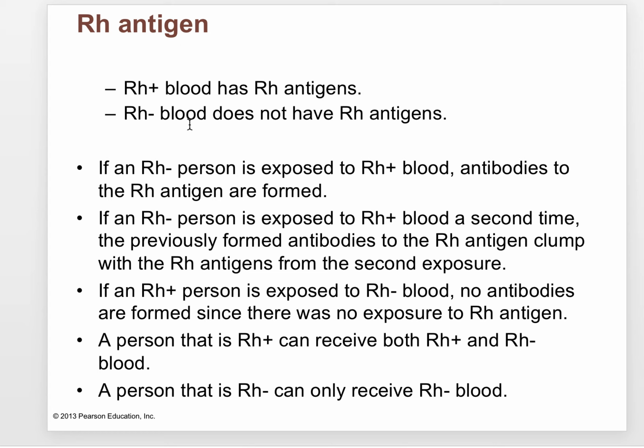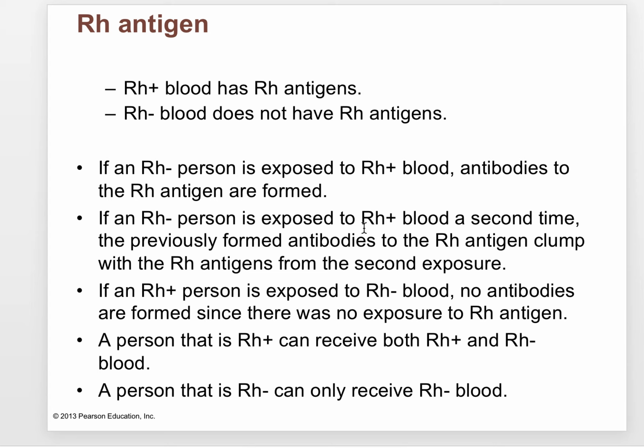Let's say a person is Rh negative and they're exposed to Rh positive blood. For the first time, this Rh positive blood in their blood supply is recognized as foreign, so antibodies to the Rh antigen are formed. If the Rh negative person is exposed to Rh positive blood a second time, then the antibodies that were previously formed to the Rh positive blood come out in more abundance.